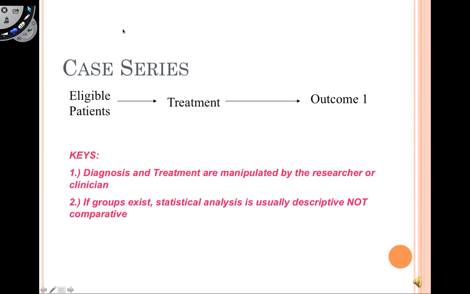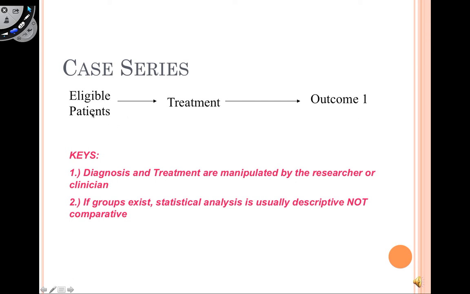So now we're going to drop down from a level 2 and contrast that with a level 4 case series study. And this you can see is essentially one arm of a randomized controlled trial, and usually it's the intervention arm. So we have a set of eligible patients. They're tested before treatment and then after treatment, and their improvements in outcome are noted.